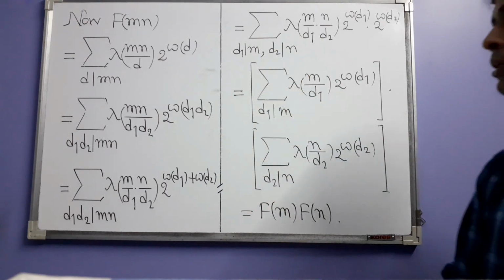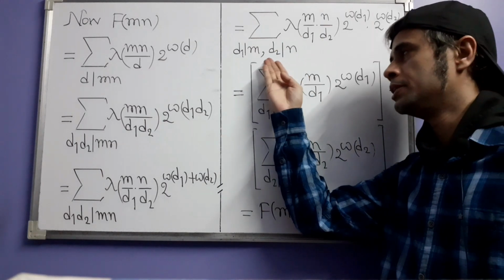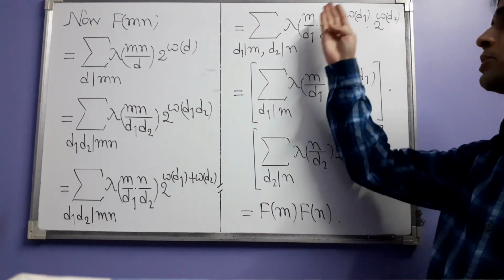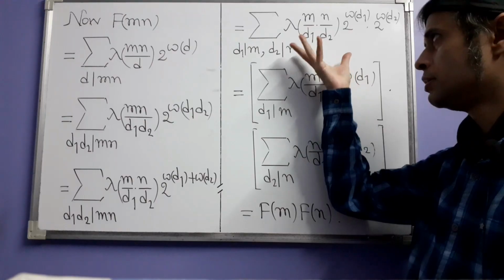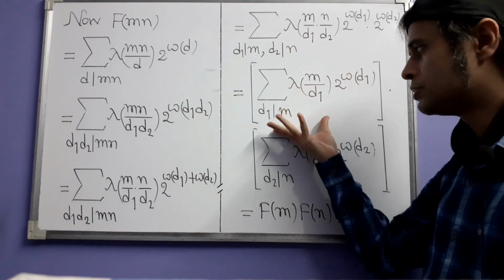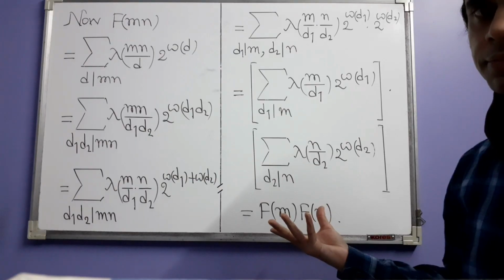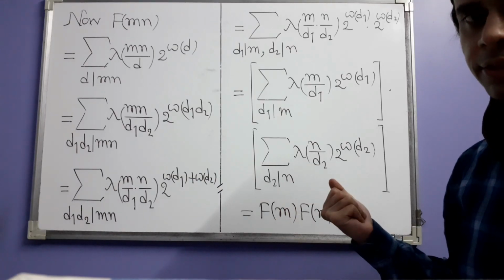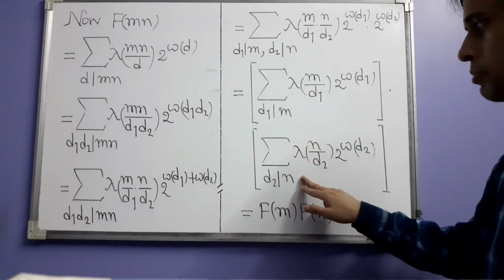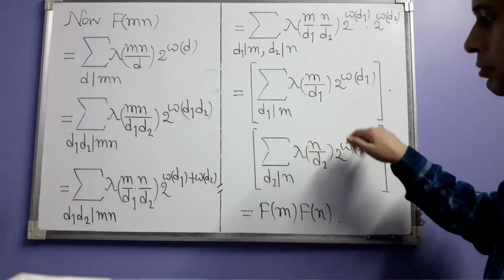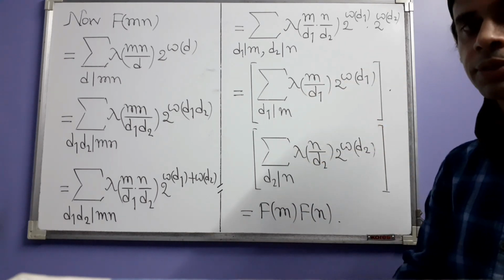Now because d1 and d2 are varying independent of each other, and all possible combinations are available, this sum is just the product of these two sums, which is a very easy thing to see. When you take the product of these two sums, all these terms get multiplied with all these terms.